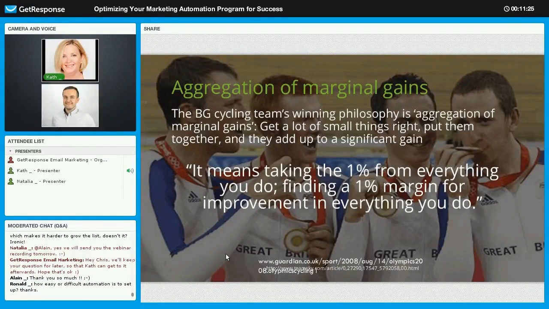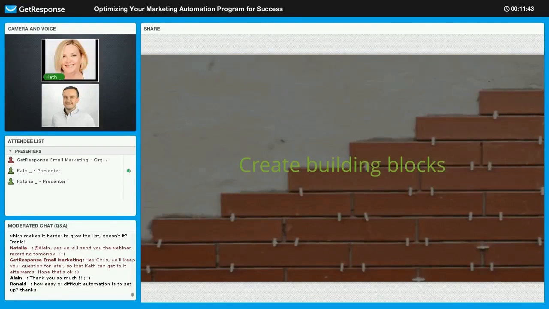But because we are learning, we can gain those learnings and implement them into the campaign, and in this case the marketing automation program. Then we're building upon it continually, so that we end up having a nice little building block over a period of time. Maybe we've got a welcome program and we've set up one test, and we got a nice 3% improvement.